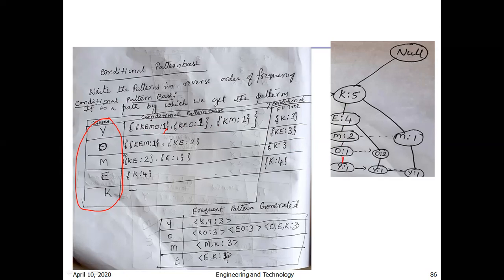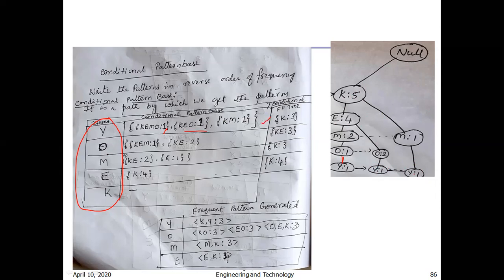Next, is there any other path to reach Y? K, E, O, I can reach Y, right? So we need to write K, E, O. Next, is there any other path to reach item Y in this FP tree? K, M, I can reach Y. So write this, note it down.